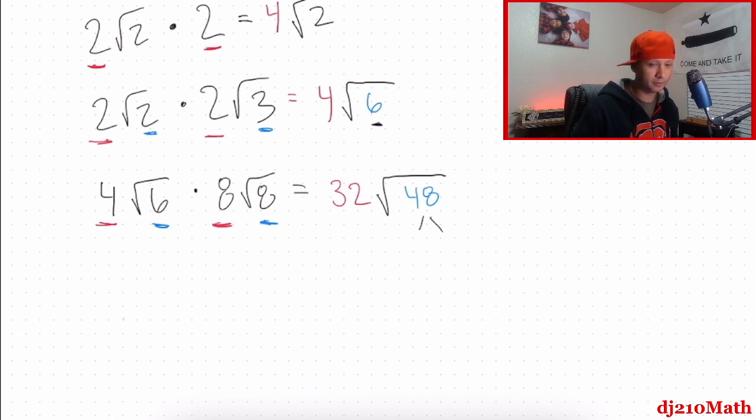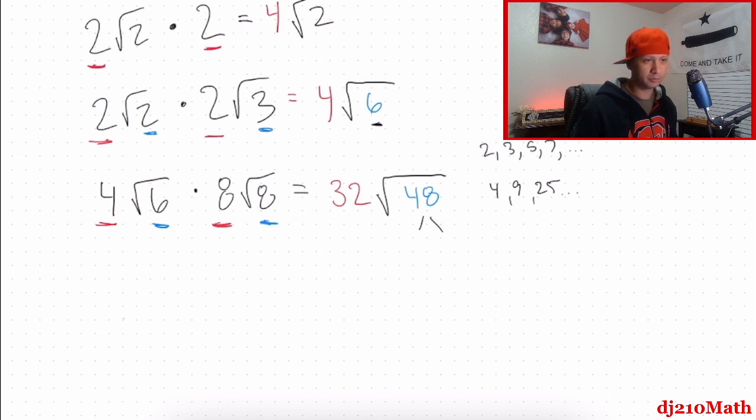Typically we call it prime factorization. You want to factor the inside number into its prime numbers by taking out any perfect squares. We'll use prime numbers: 2, 3, 5, 7. Now we could use perfect squares, 4, 9, 25.